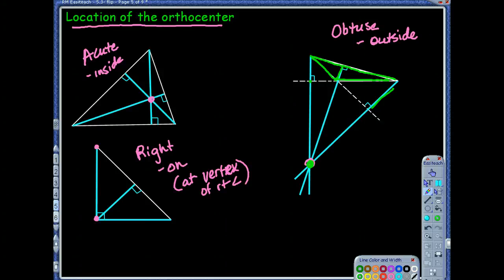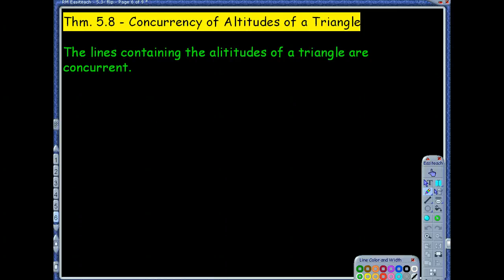Exactly. All right, and the theorem, this is the easiest theorem you're ever going to learn. The theorem of the concurrency of altitudes of a triangle is just that the lines containing the altitudes of a triangle are concurrent. There is really no special relationship here. We looked at the circumcenter and said that point of concurrency was equidistant to all the vertices.